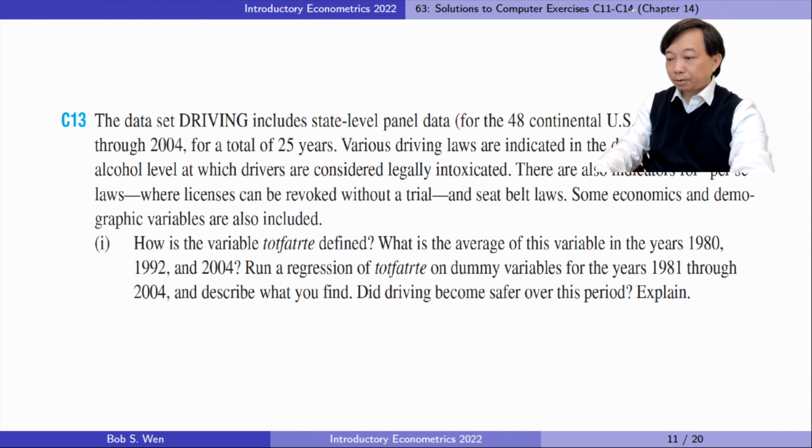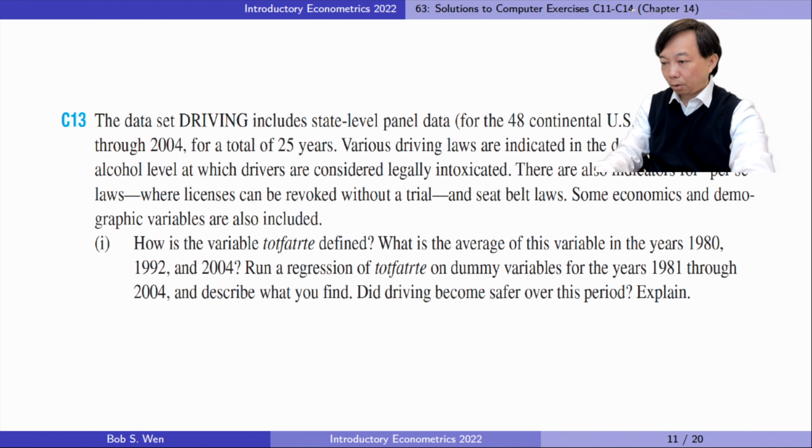Let's do computer exercise 13. The dataset includes state-level panel data for the 48 continental U.S. states from 1980 through 2004 for a total of 25 years.